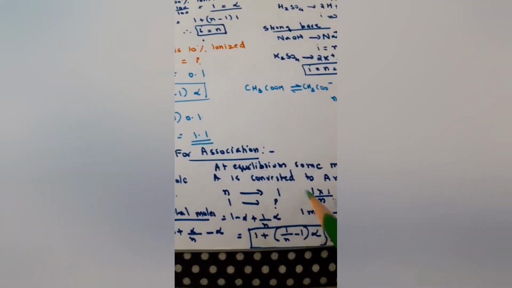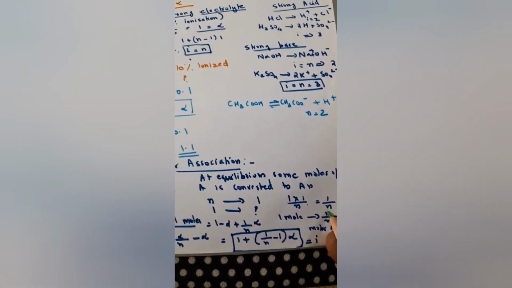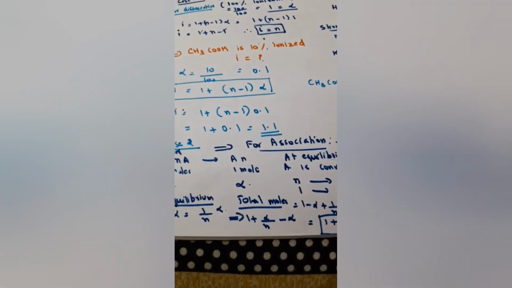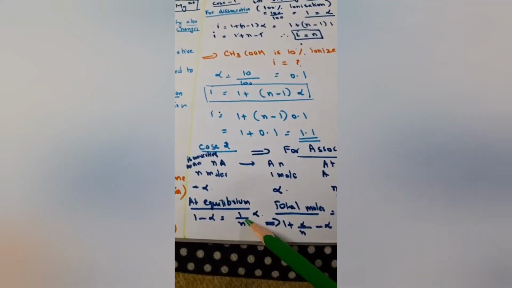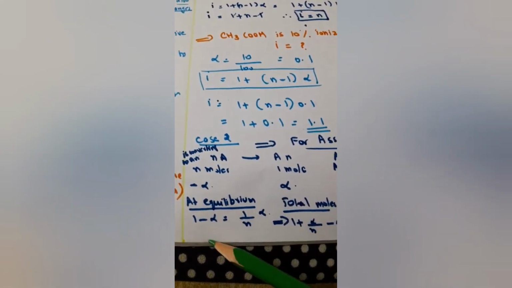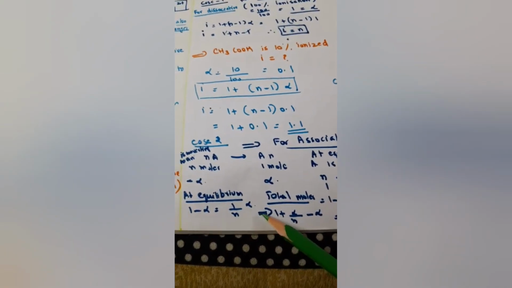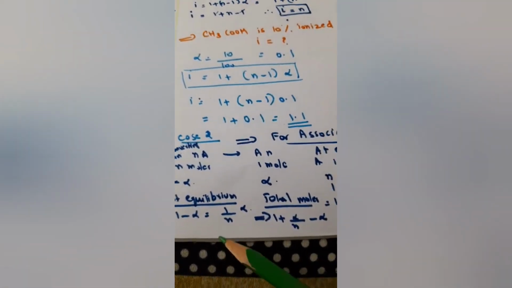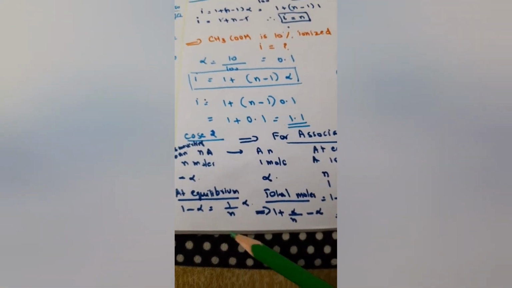Just cross multiply, 1 into 1 divided by n, which is equal to 1 by n. Now we can find the total moles at equilibrium. 1 minus alpha, plus 1 by n into alpha.